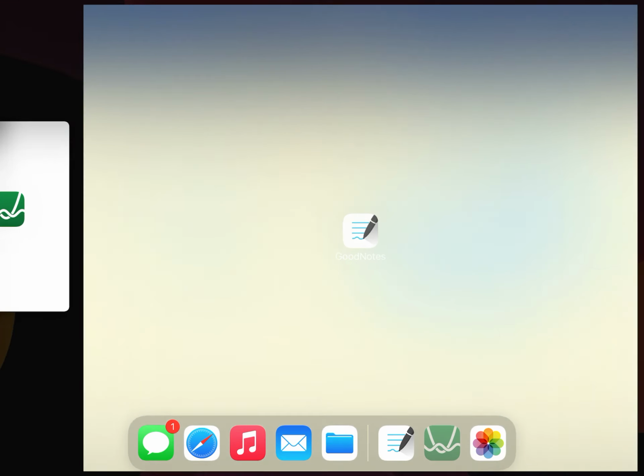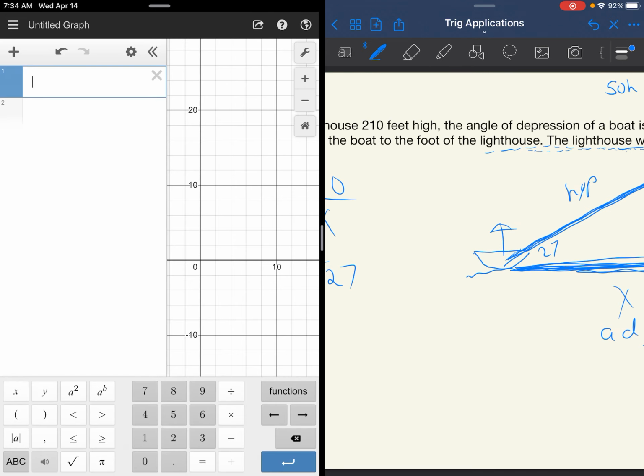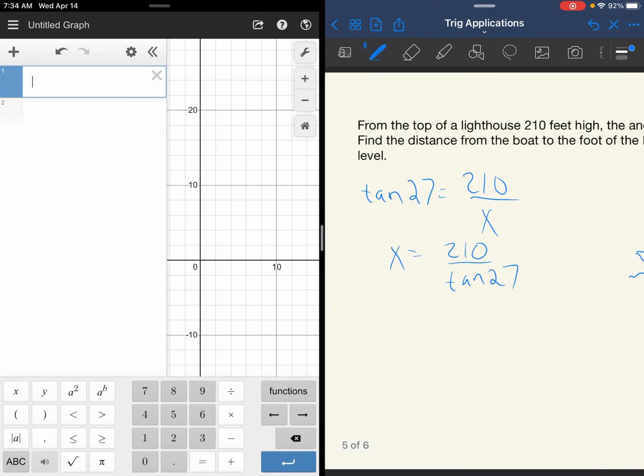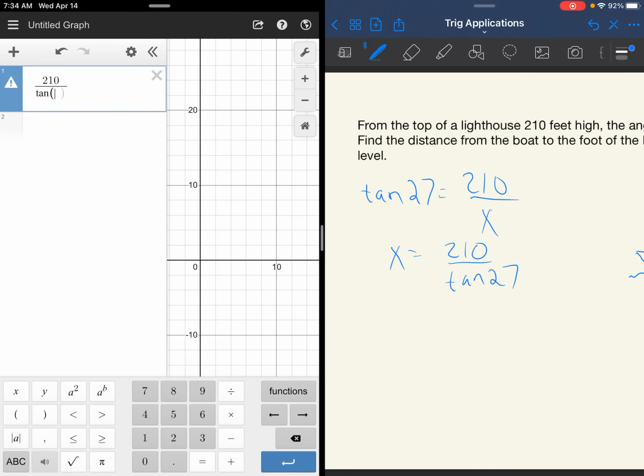So I'm going to pull up Desmos real quick and type that in there. I have 210 divided by, hit my functions, find my tangent, and I have 27. I get 412.148. That is how far the boat is away from the lighthouse.